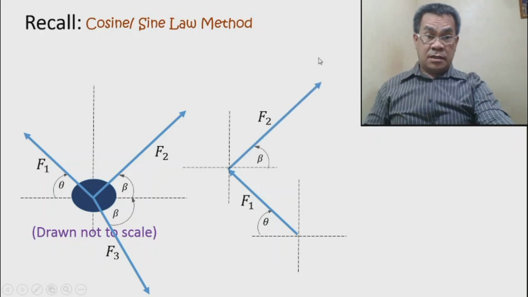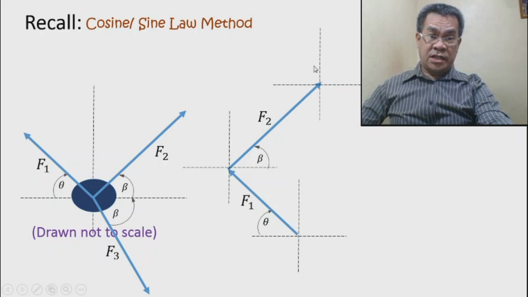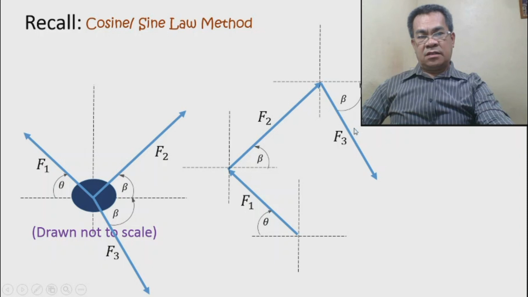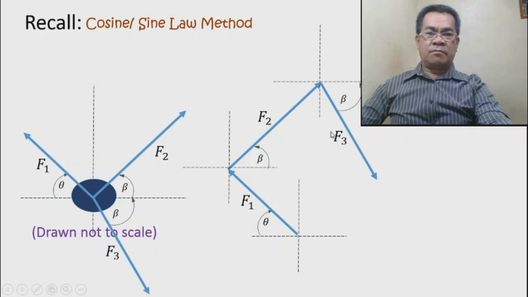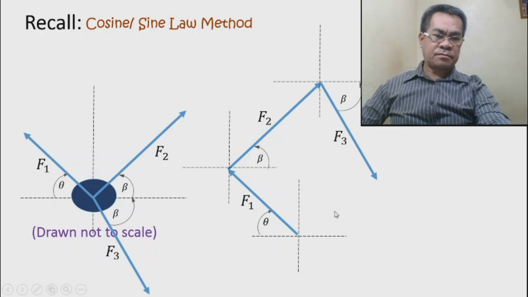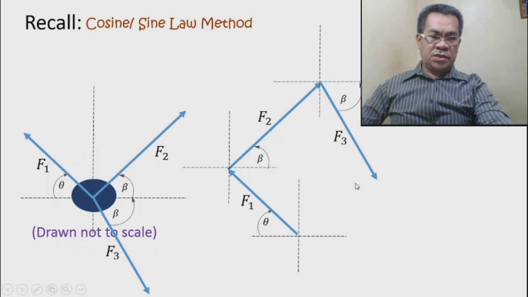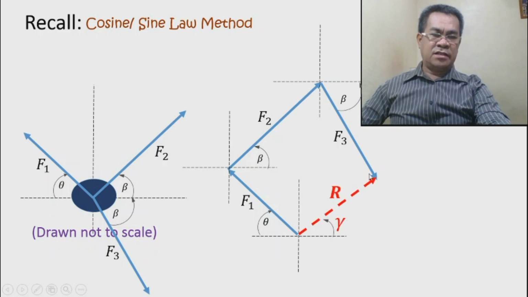Then overlay the Cartesian axes again at the tip, then connect F3. These are the tail-tip combination of the vectors, equal to the given vectors. In order to close the polygon, you have to connect a line from the beginning to the end, and this will serve as our resultant.